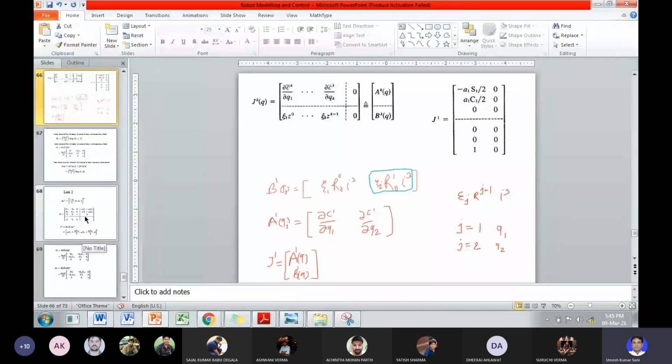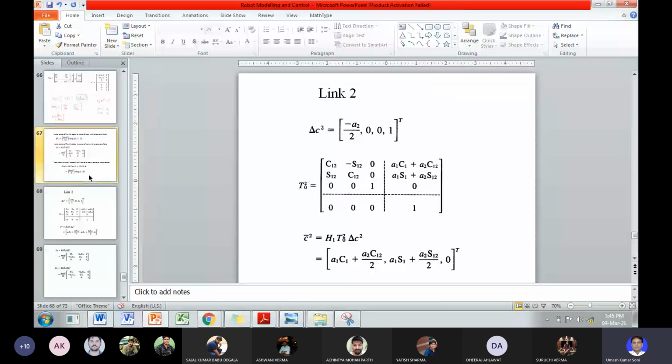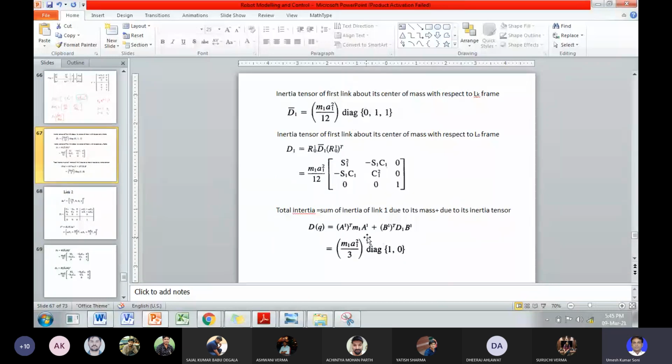Okay, so here you have these values. Calculate here, all of you. Until you calculate this on your own, I will not go forward.